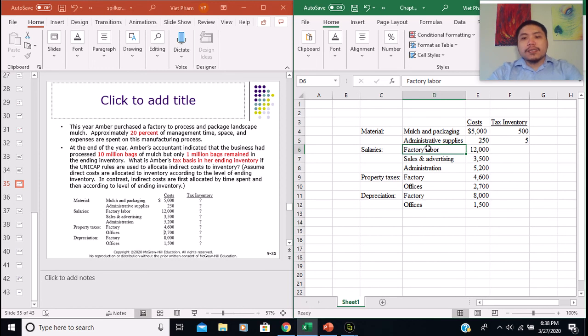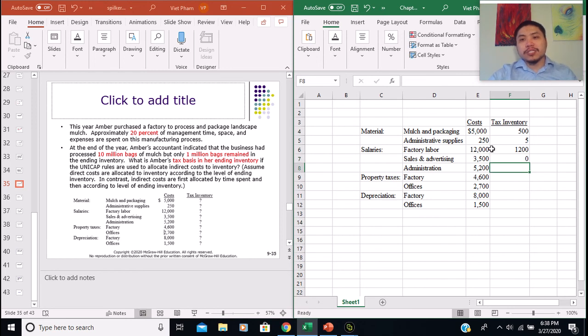Right. So salaries, $12,000, are salaries for factory laborers, who directly make the products. So we're going to use the 10%, which is $1,200. Sales and advertising, we don't capitalize that for tax, so we don't have to include that, and we put 0 here.